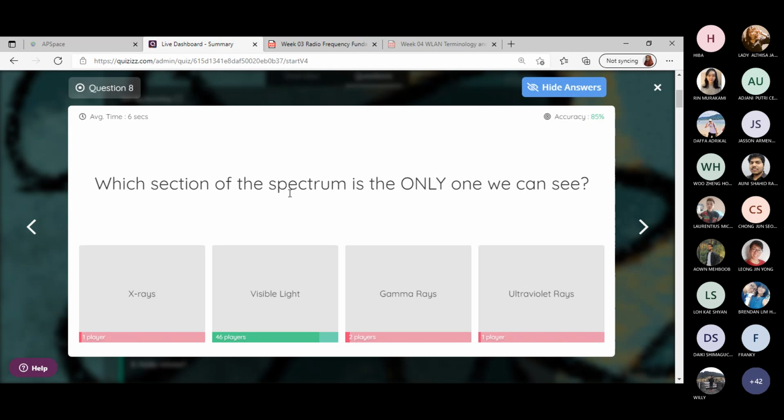So which section of the spectrum is the only one we can see? Of course, the visible light. The rest you can't see. If you could see it, oh my God, it's not good. That's why normally when people perform X-ray, if you were ever admitted to the general hospital, not the private one, they even perform X-ray in the open space.